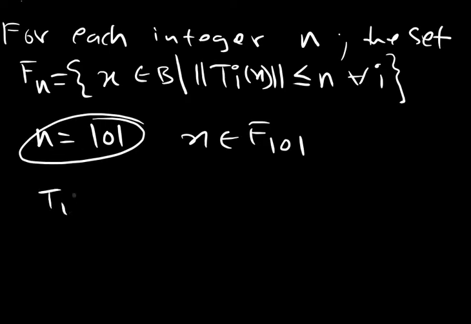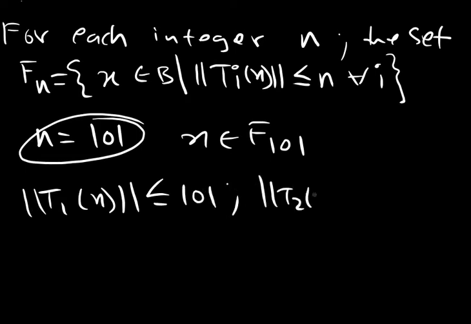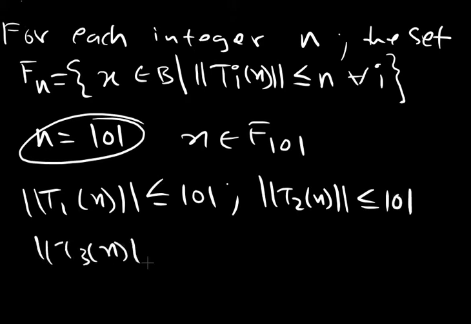Then the norm of T1 of x is less than or equal to 101, the norm of T2 of x is less than or equal to 101, the norm of T3 of x is less than or equal to 101, and so on.